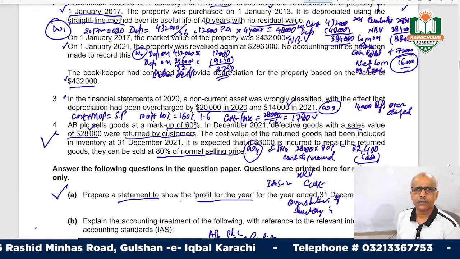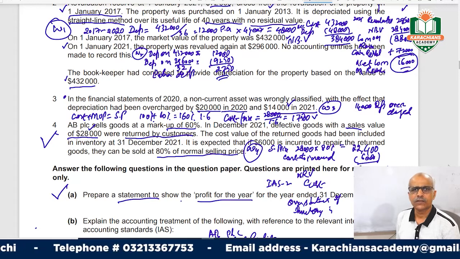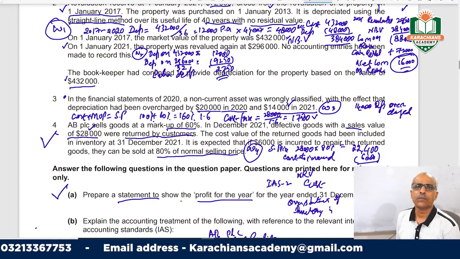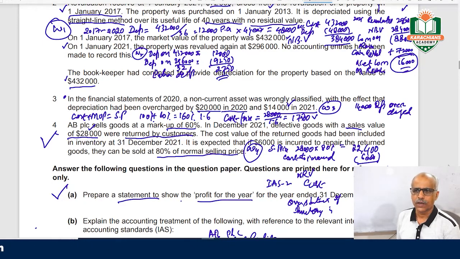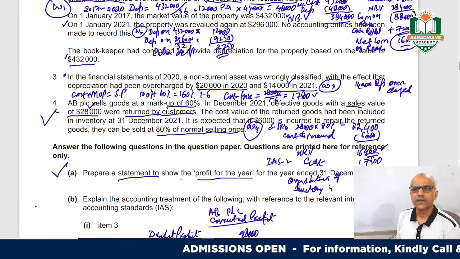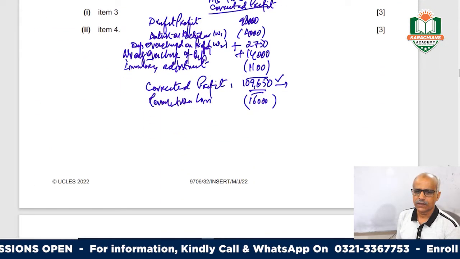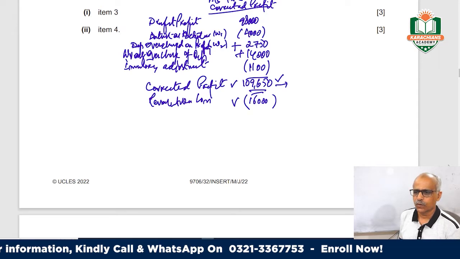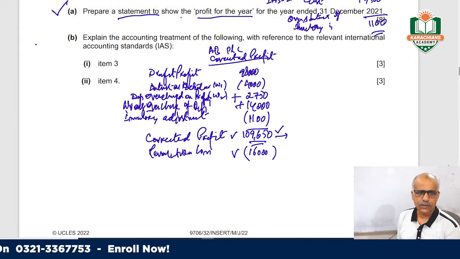This is relating to the previous years, so this will be adjusted in your retained earnings. Profit for this year would be 109,650, but 16,000 will be adjusted in your retained earnings because this is a loss. So we have to adjust this one and this one both in our retained earnings. Move on, and what is required?